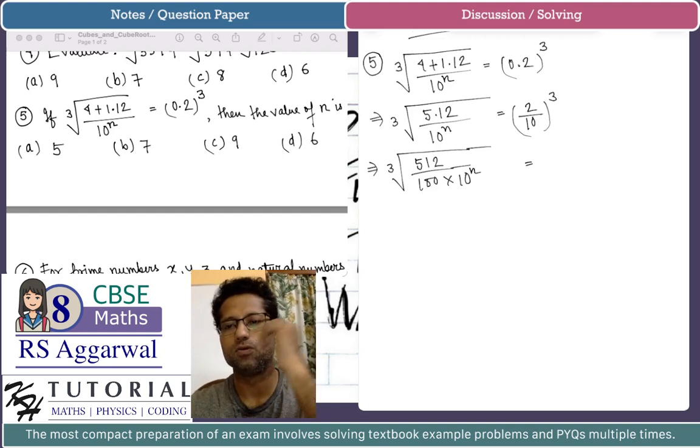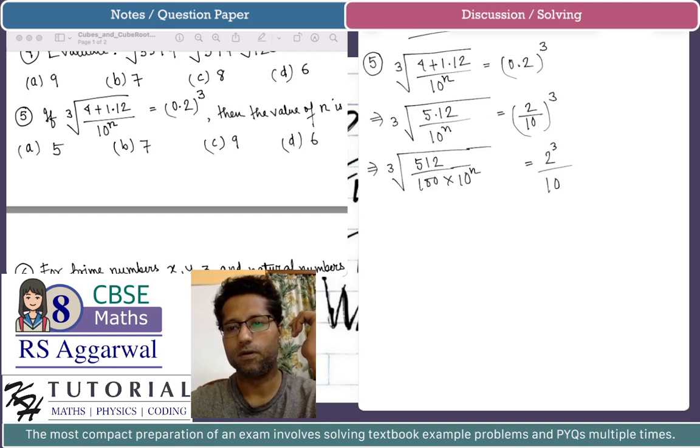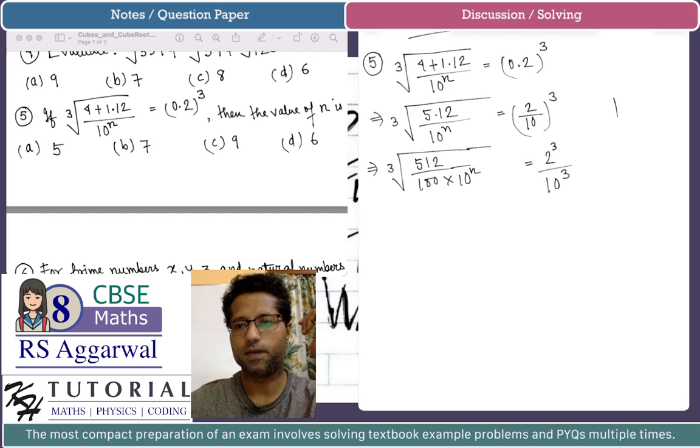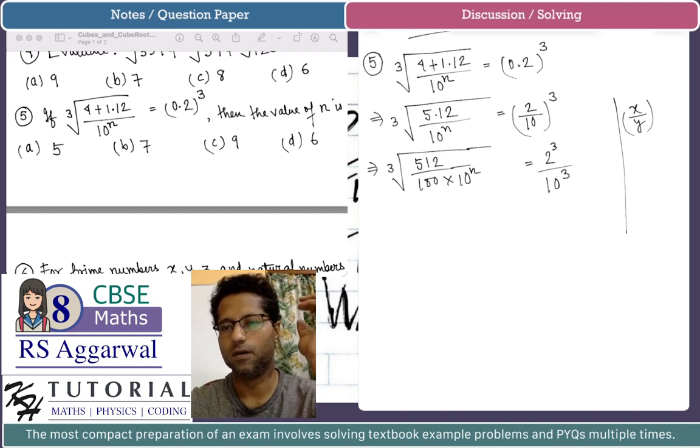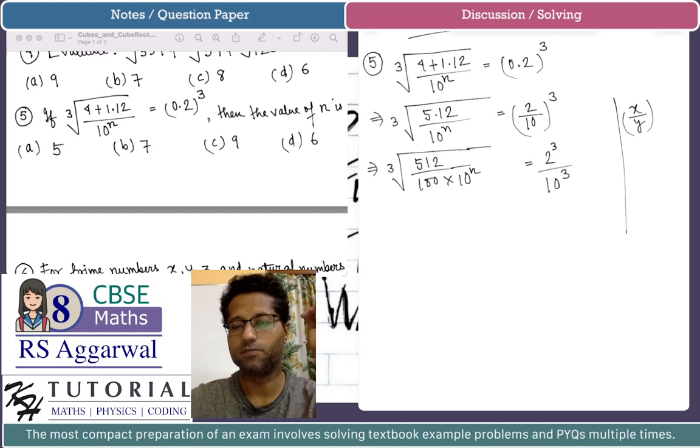We can say it is equal to 2 cube divided by 10 cube, applying the laws of exponents, or cubes of rationals, that x by y whole cube is equal to x cube divided by y cube.